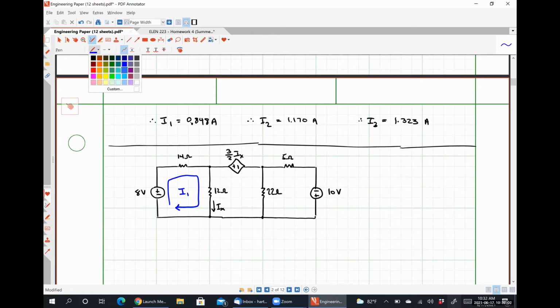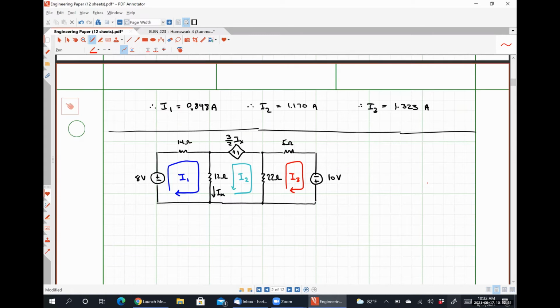And I'm going to say that I2 is going to flow counterclockwise, and I3 will flow clockwise. All right, so I've identified my meshes and labeled my mesh currents all in one step, which is probably how I'm going to do it from here on out.